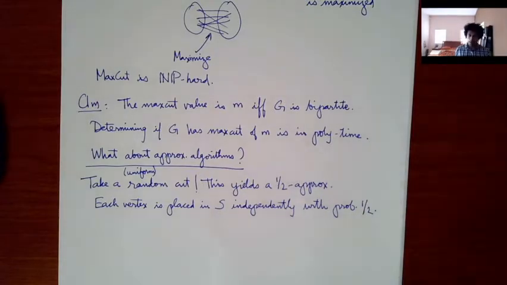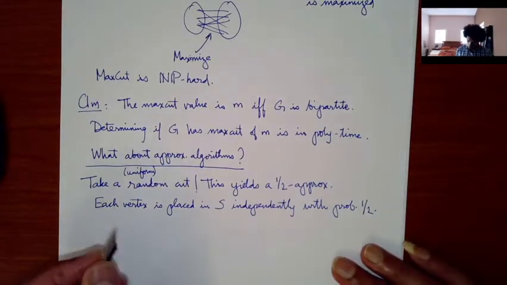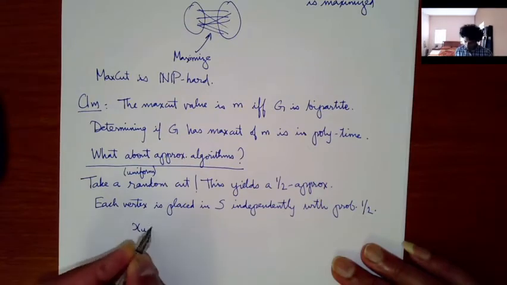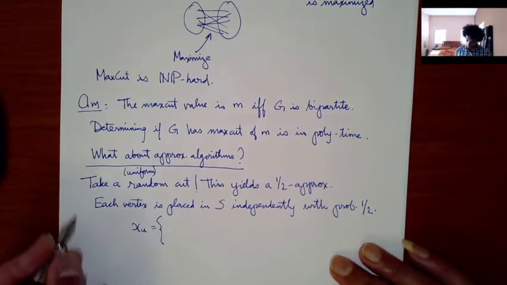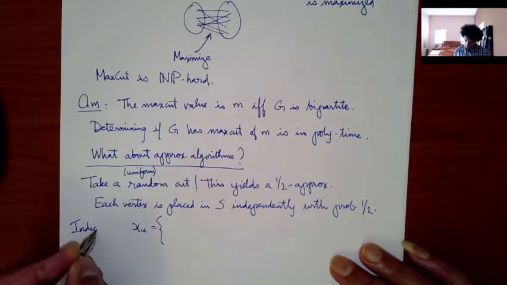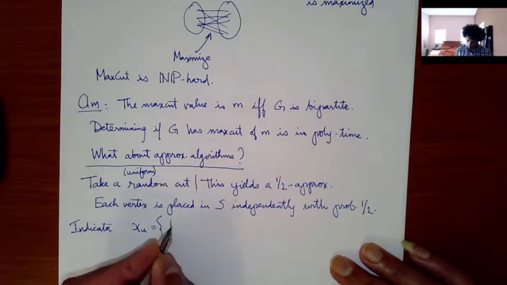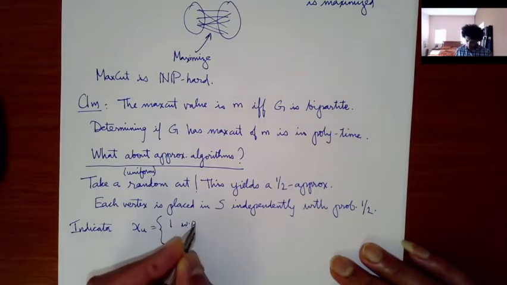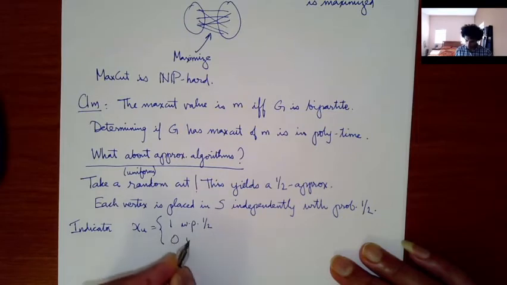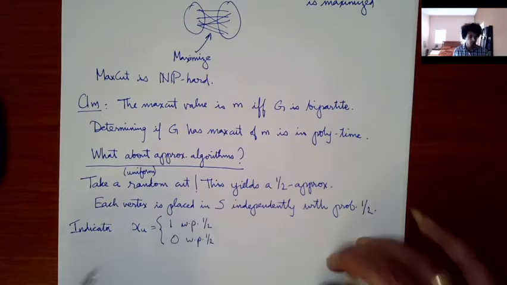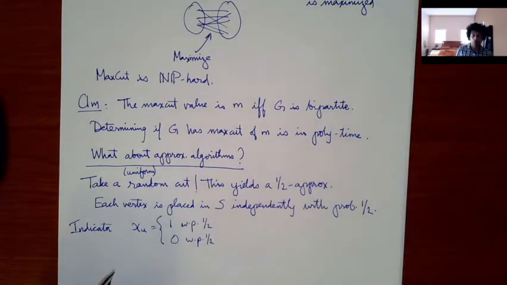Alternately, I can say that x_u, which is the indicator, is 1 with probability half and 0 with probability half. So it's just a uniform random coin toss.